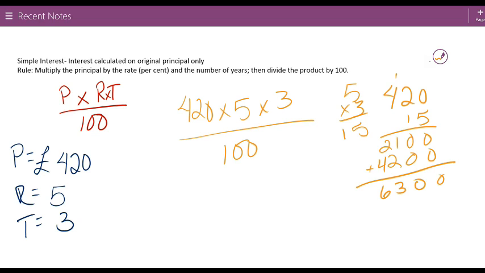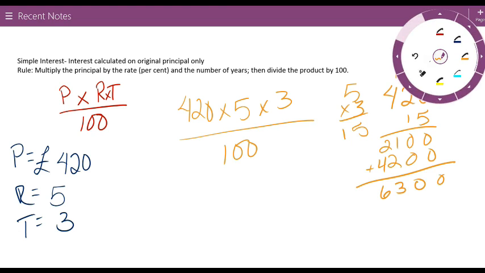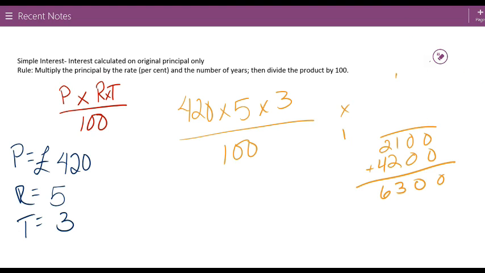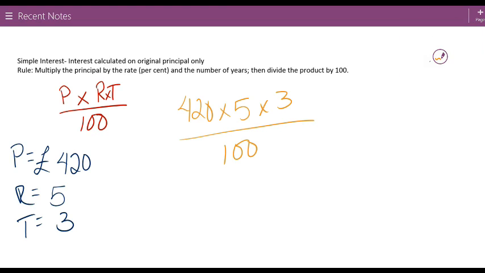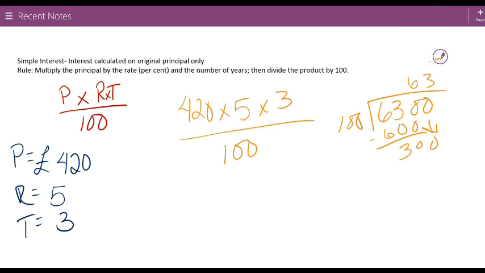So our answer is 63. You also could have just crossed out your zeros.